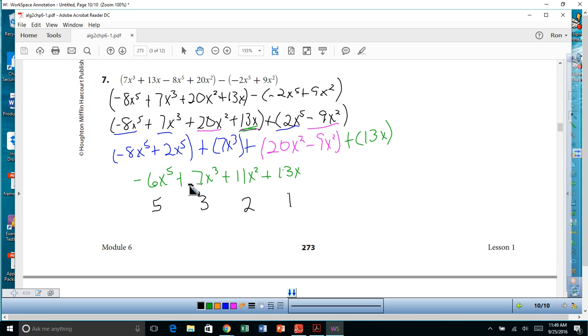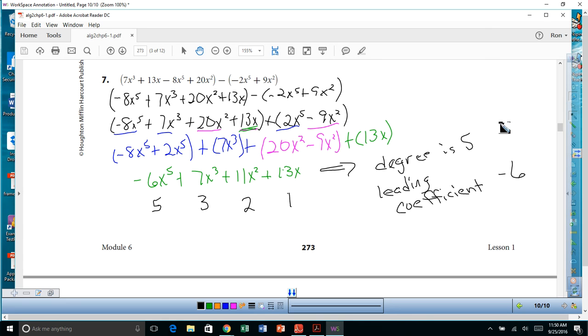What's the degree of this polynomial? It is 5. What's the leading coefficient? Negative 6. All right, good.